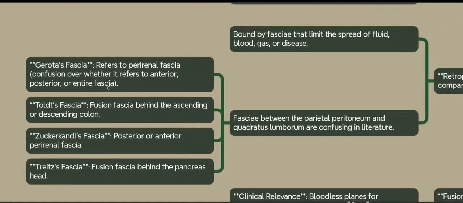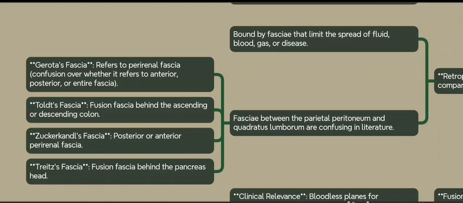Confusion over whether it refers to anterior, posterior or entire fascia. So what is it? Gerota's fascia, that's around the kidney. Then Toll's fascia, the fusion fascia behind the ascending or descending colon. Sarker-Kandel's fascia, that's posterior or anterior perirenal fascia.